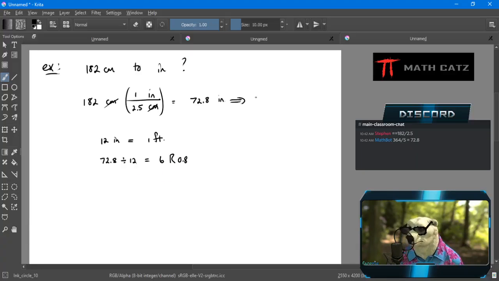So this would mean 6 feet and 0.8 inches, if you want to go that way. It's not quite another inch, is it? Because I need a 12 to be another inch if I use the conversions in the table.